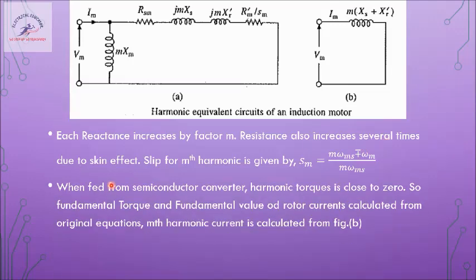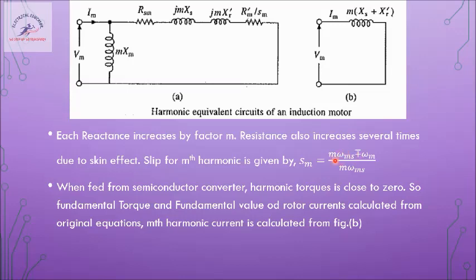Suppose we have a newly generated field rotating in the same direction, then we use a negative symbol here. If we have a field rotating in the opposite direction, we use a positive sign.